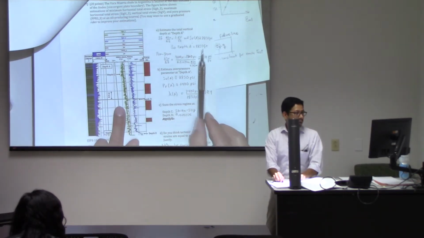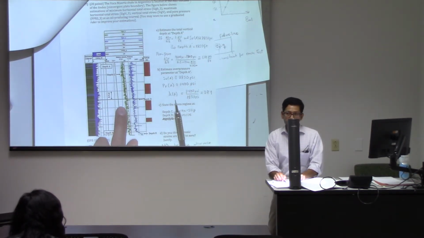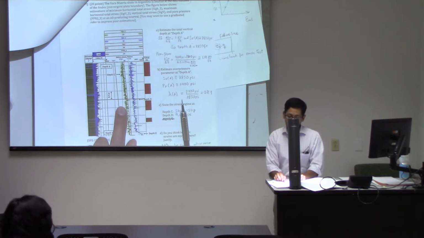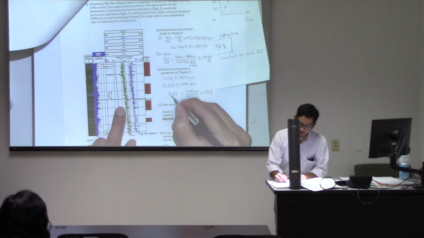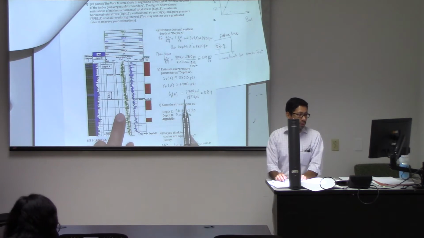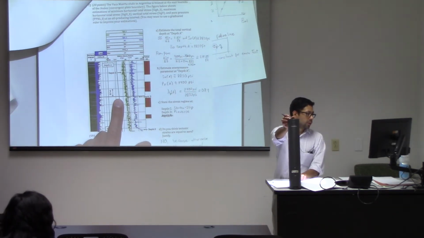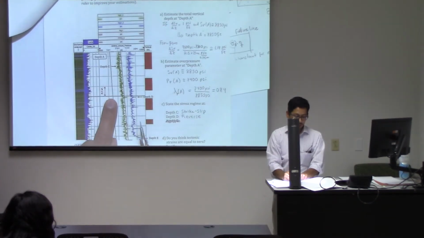The second one is I'm not giving you the overpressure parameter. You have to calculate that one. And you can do that because you know what is pore pressure, which is this line. You know what is vertical stress, which is that other line. You can calculate the pore pressure.